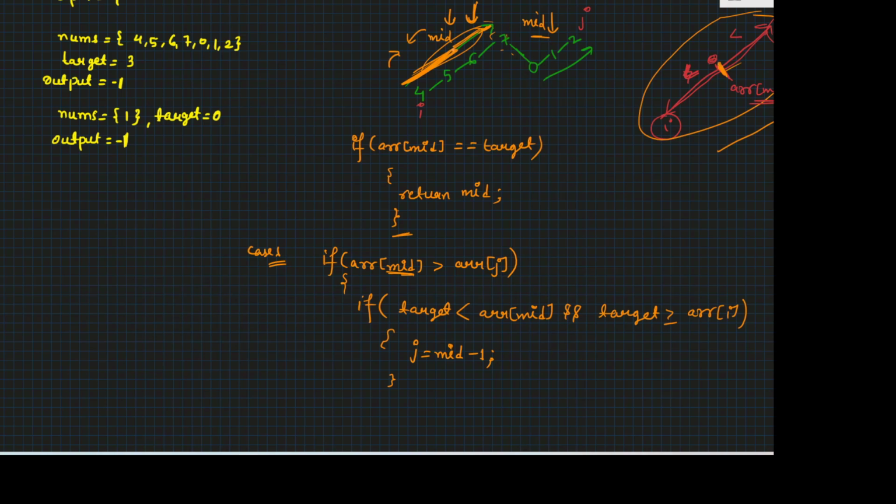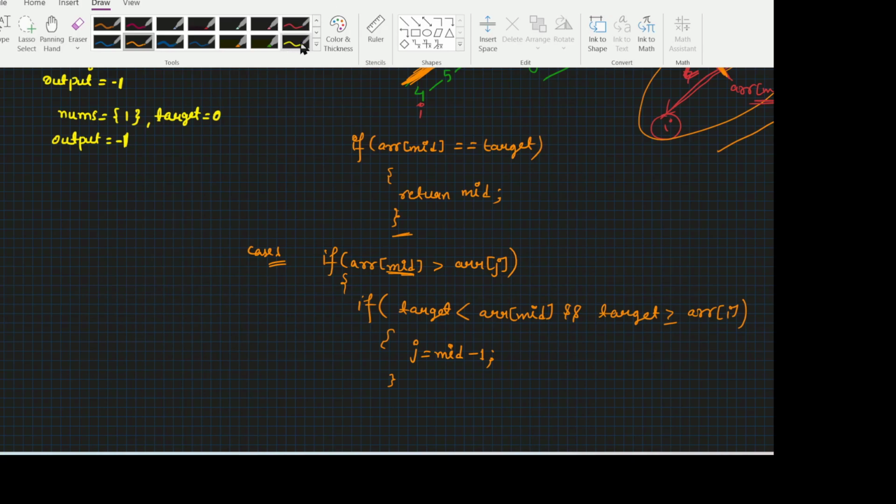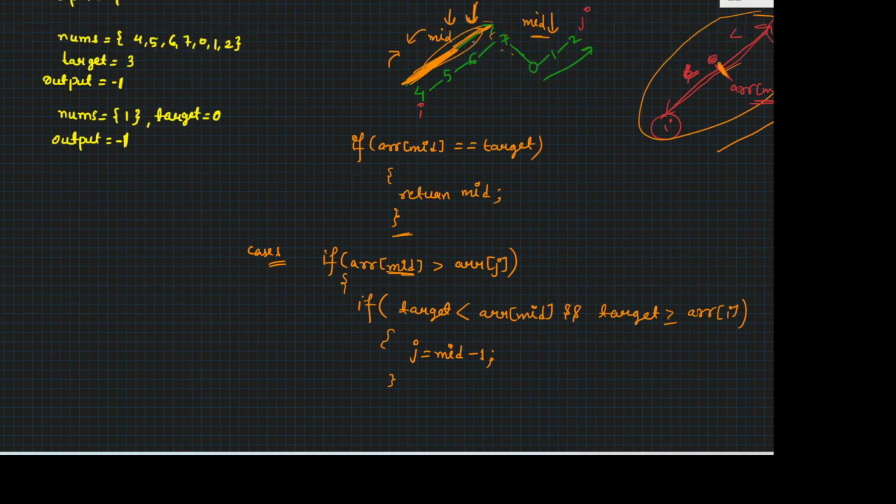Otherwise, if the target is not lying in the I to mid range, then it is for sure that our target will lie after the mid, somewhere here. Okay, so what will we do?